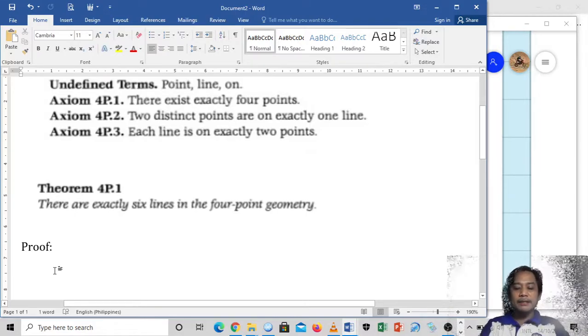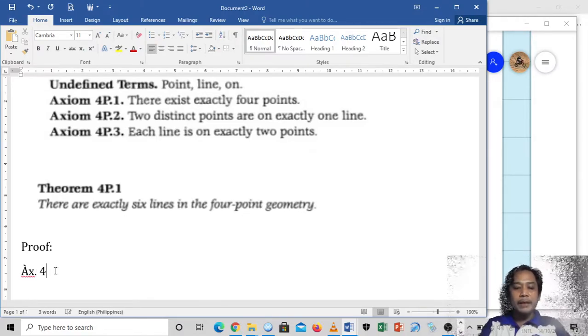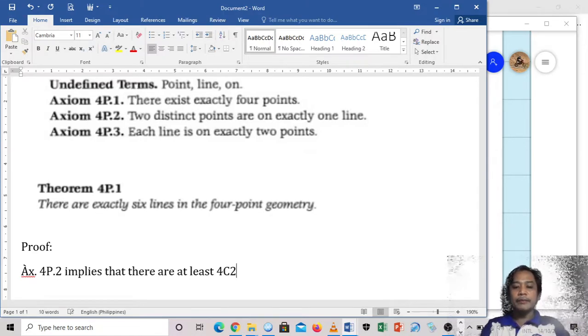So, we can start the proof by saying, axiom 4p.2 implies that there are at least, we count the number of pairs, so that would be a combination of 4 taken 2, which is equal to 6 lines in the 4-point geometry.